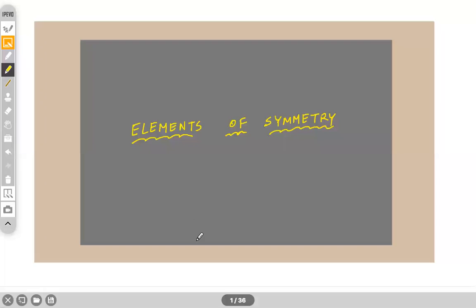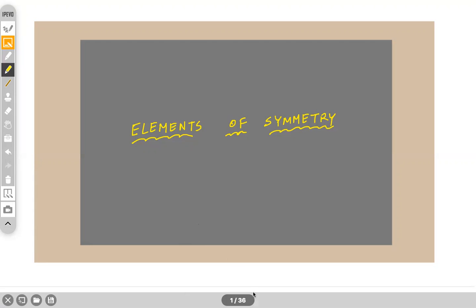And the elements, sorry, this we call the elements of symmetry. So what are the various different types of symmetry we have, that we are going to understand today in this section. Okay, fine. So elements of symmetry.